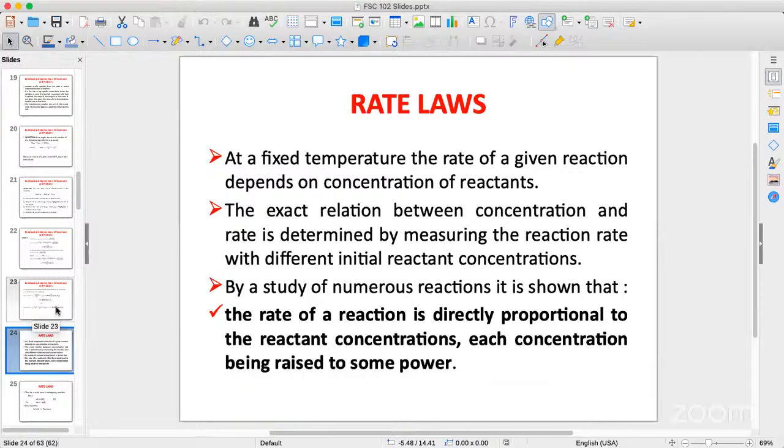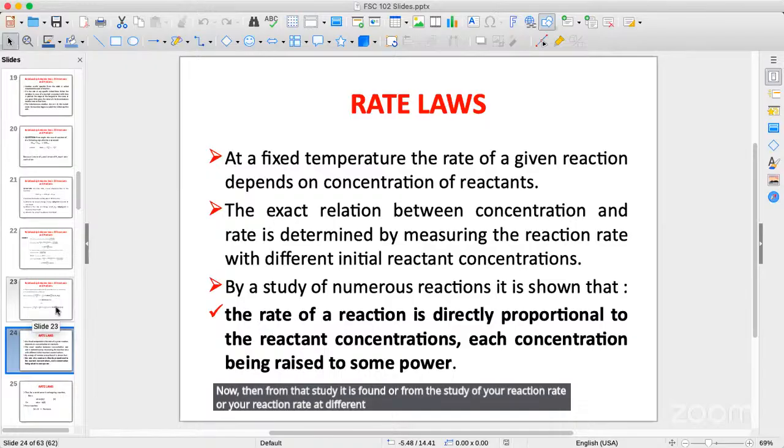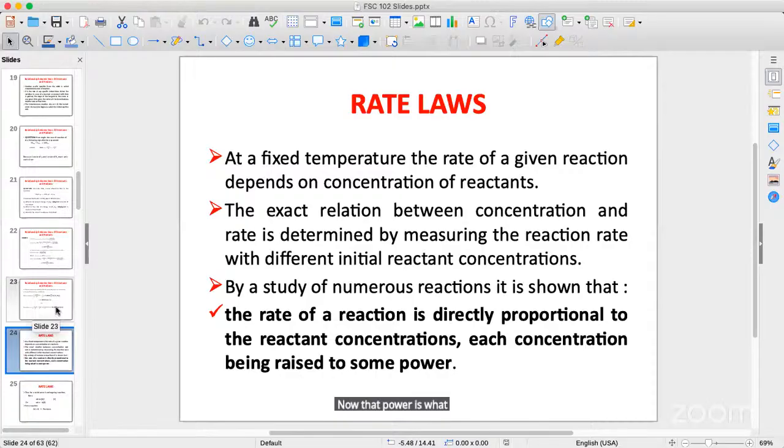From the study of your reaction rate at different concentrations, it is found that the rate of reaction is directly proportional to the reactant concentrations, each concentration being raised to some power. That power is what we know as the order of reaction.